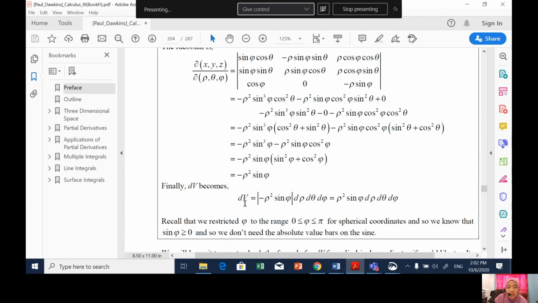Remember, dv in Cartesian 3D will be equivalent to this one. So we need to multiply with the absolute value of the determinant. This is our determinant, but we have to evaluate the positive value only. That's why we implement the absolute value here. So this is rho squared sine phi. Then it will be equal to rho squared sine phi d rho d theta d phi.